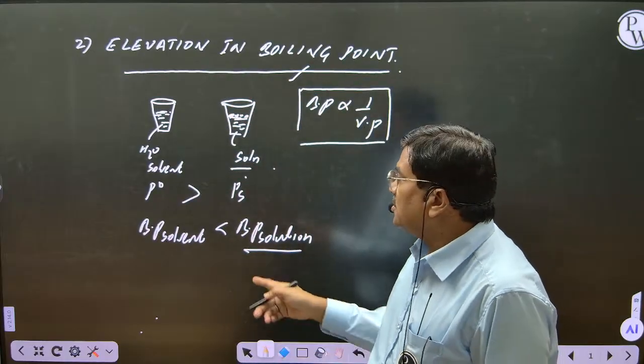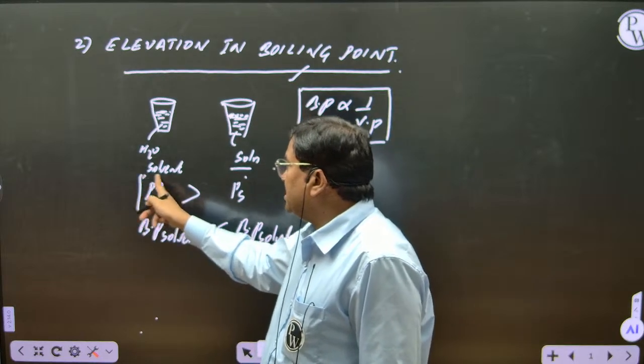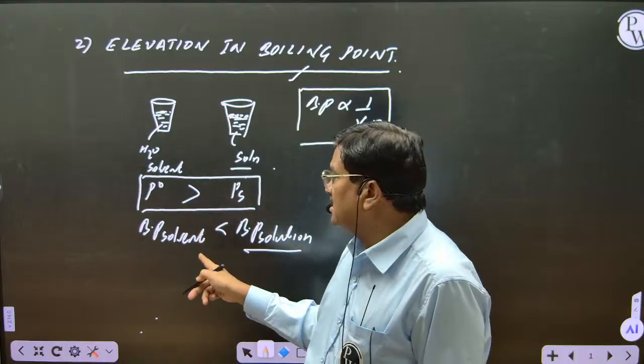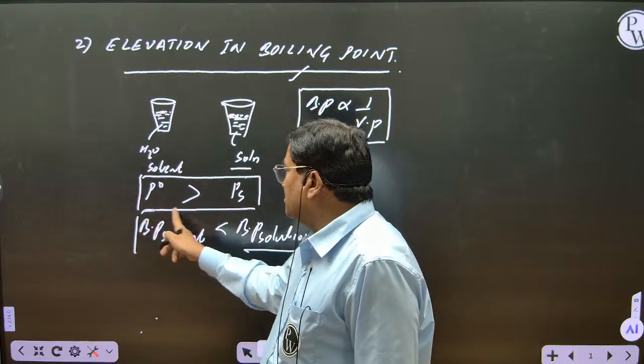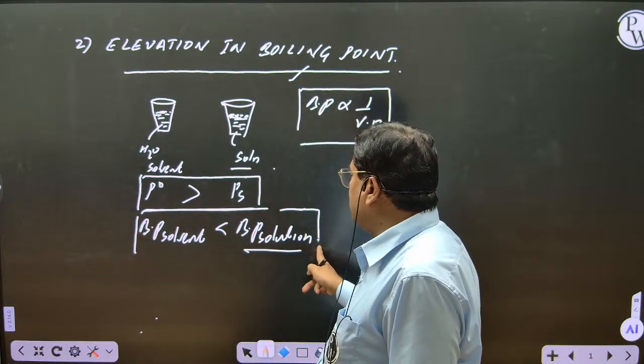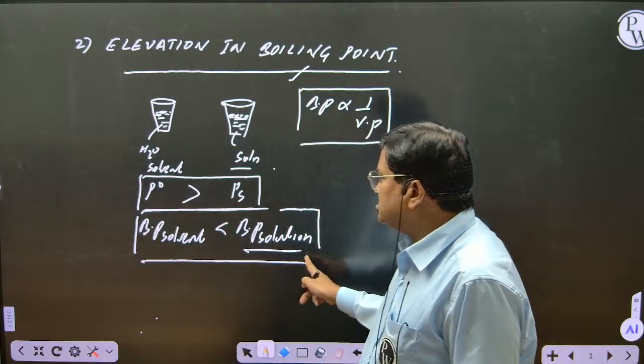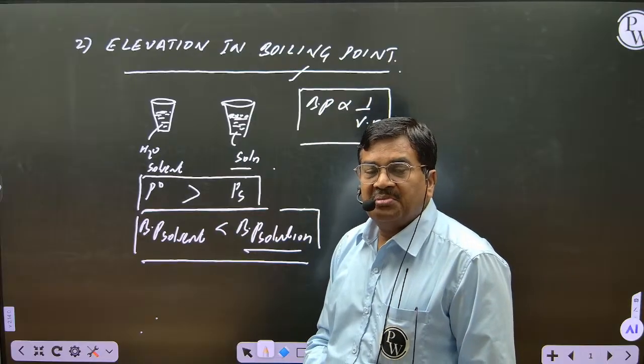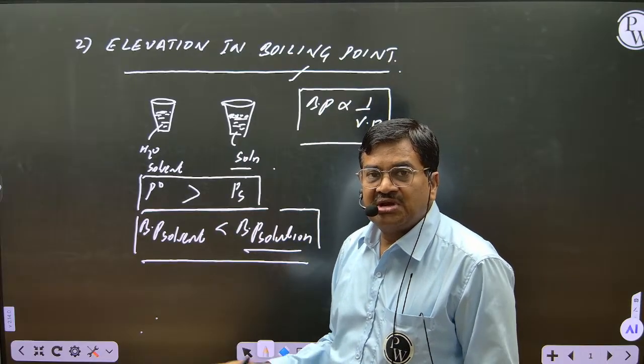Understood? The vapor pressure of solvent comes to be more compared with solution, whereas for boiling point, as it is inversely proportional to vapor pressure, when we add solute to solvent, the boiling point of solution comes to be more compared with solvent. Understood, all of you?